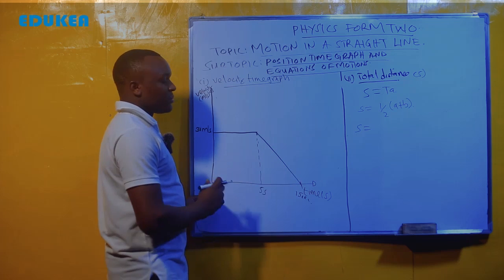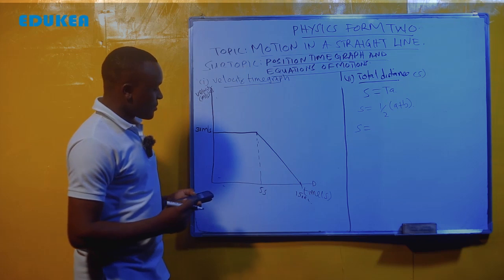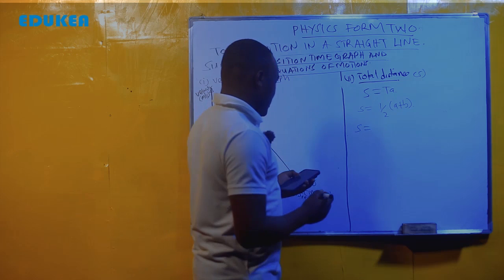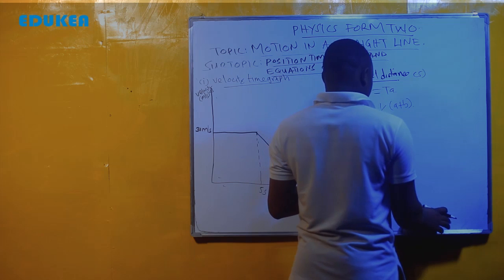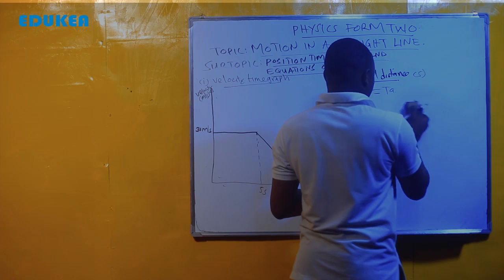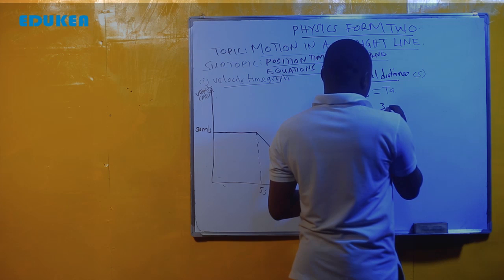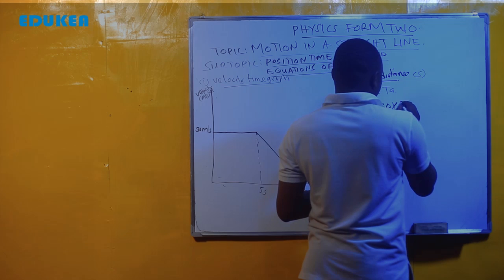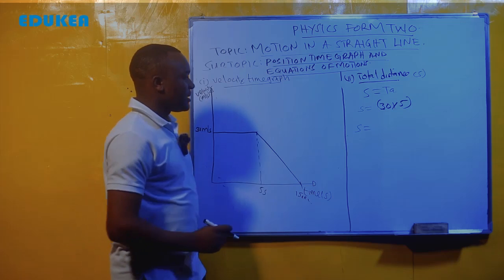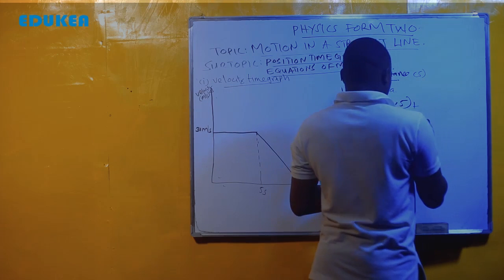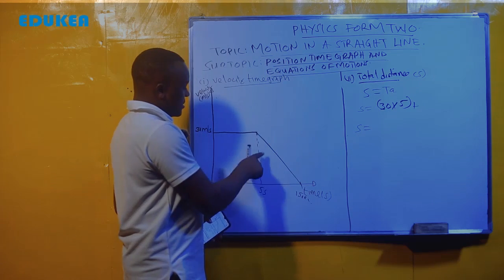Okay, let's find it. So it will become 30 multiplied by 5. This is the first area to find. Then after that you will add another 30 times 10, but you will divide by 2.